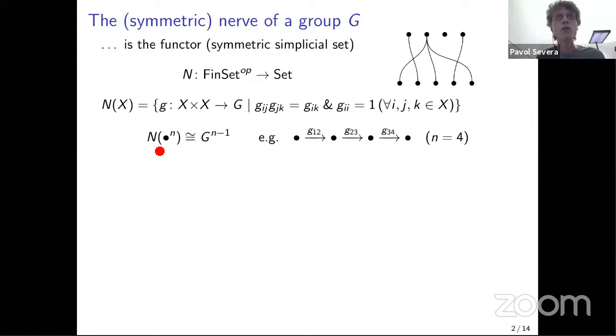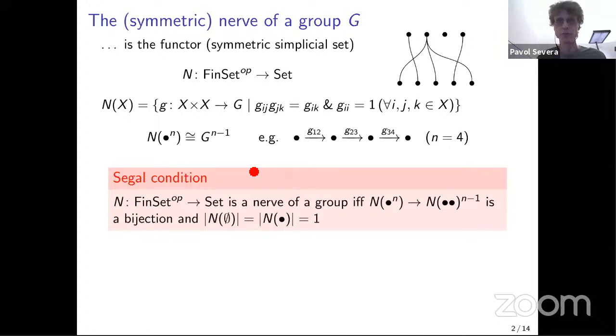And also, by this observation, we can now recognize the nerves of groups among all possible contravariant functors going like this. This is what is called the Segal condition, or a super easy case of the Segal condition, which says that a contravariant functor is the nerve of a group if and only if this map, going from N of n dots to N of 2 dots to the power n minus 1, so when we see what's happening for each consecutive pair, is a bijection for every n.